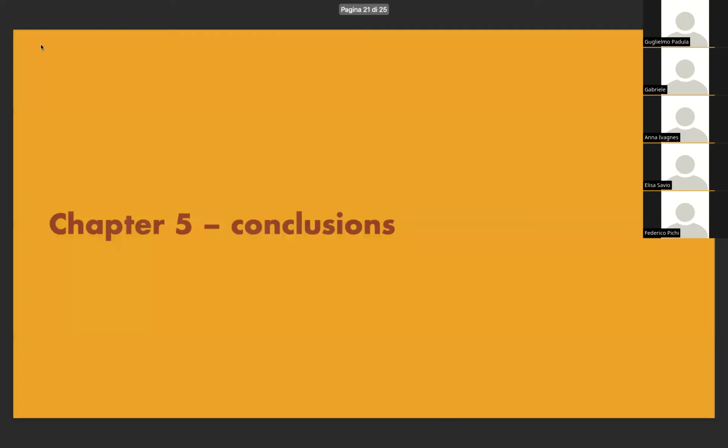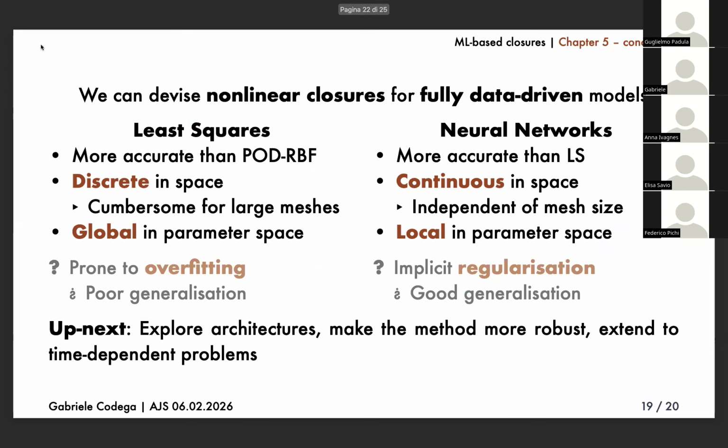So, just to summarize, this is what we have learned from this work. We have compared an existing methodology to build quadratic corrections to linear POD-based ROMs. What we have observed in general is that this least squares method is more accurate than linear POD, but the neural networks are, again in general, more accurate than the least squares.